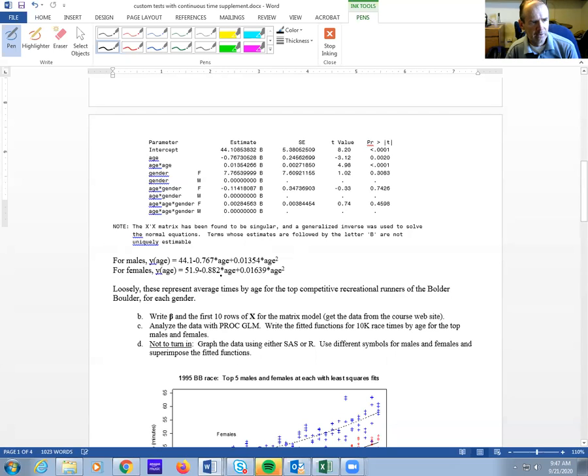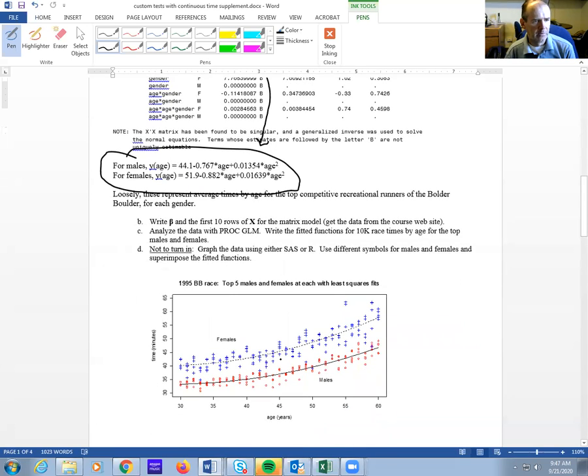They're different because we're allowing different intercepts and we're allowing different interactions. And so essentially they have their unique quadratic functions that we can express. So I've taken the parameter estimates and combined the information so that we can write them out that way, and then plotted them here.